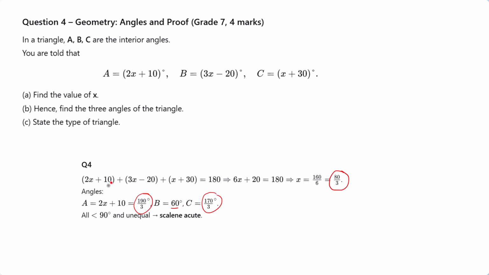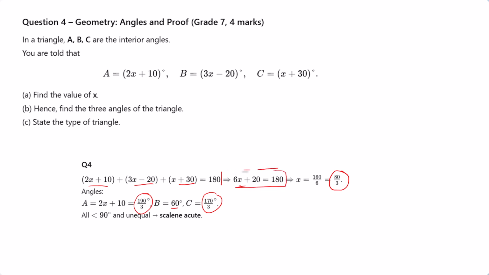If I just go through this quickly, the 3 angles in a triangle add up to make 180. So you form an equation. If you simplify the equation, 2x plus 3x plus x is 6x, and then 10 minus 20 is minus 10. Minus 10 add 30 is positive 20. So this is the next level of the equation.